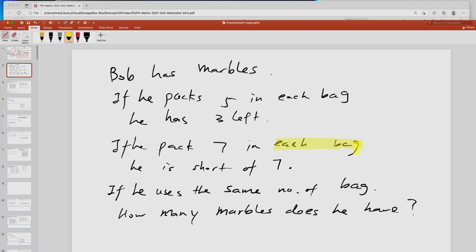Copy it down first. 5u you move over is minus 5u.